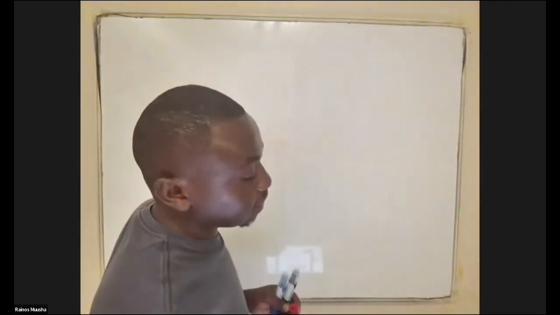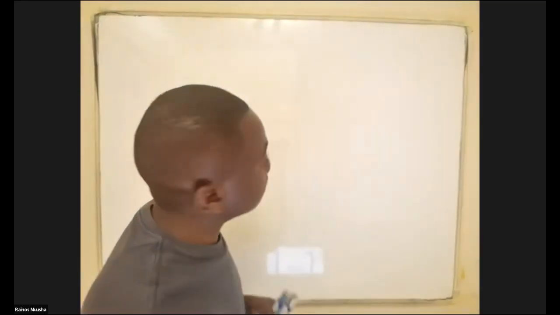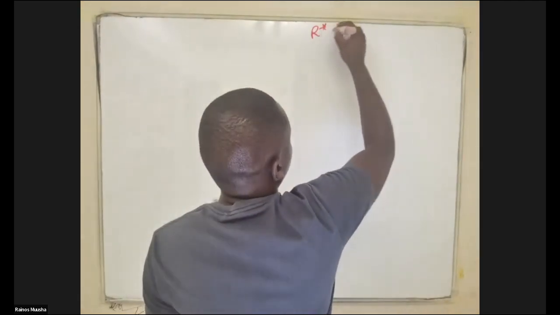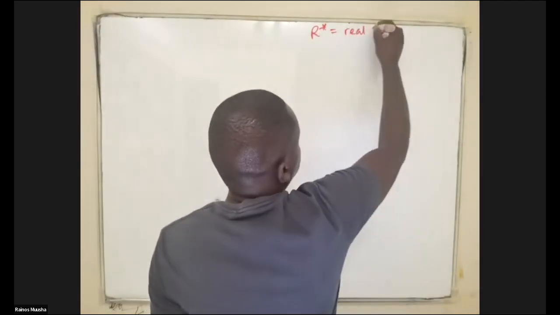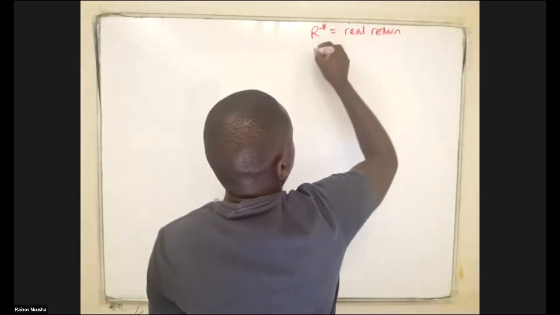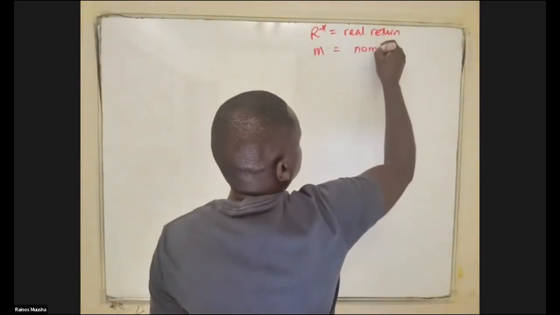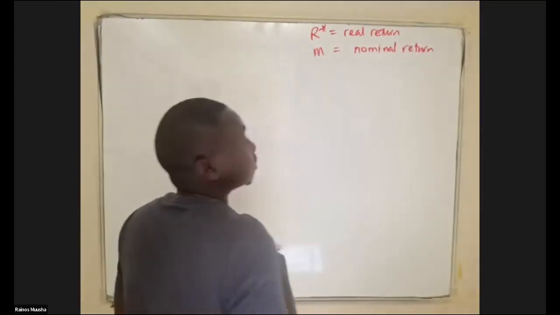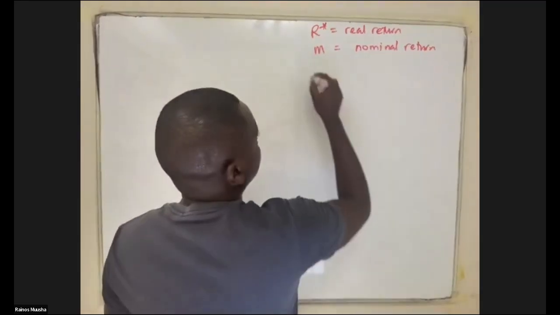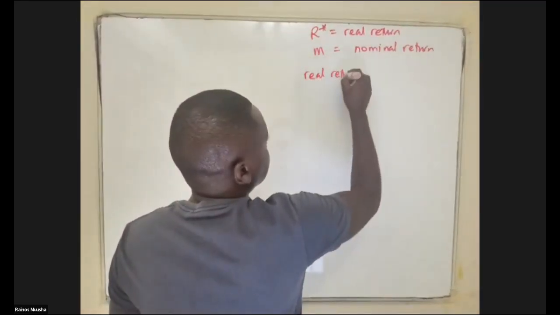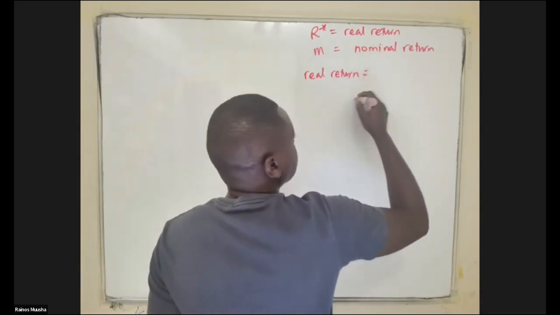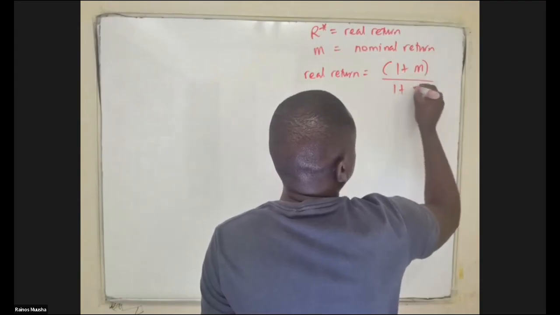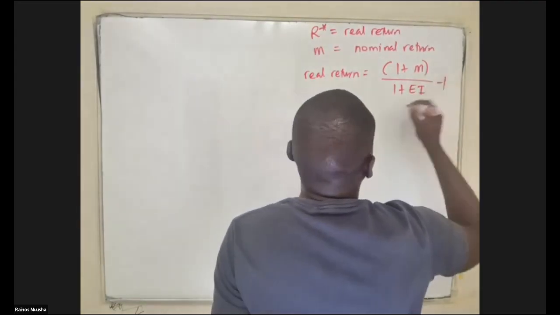Someone is saying that they didn't get the formulas. Let's say R with the star on top is equal to your real return, and M is equal to your nominal return. We're going to be using these later on. Your real return is given as 1 plus your nominal return divided by 1 plus expected inflation, minus 1.